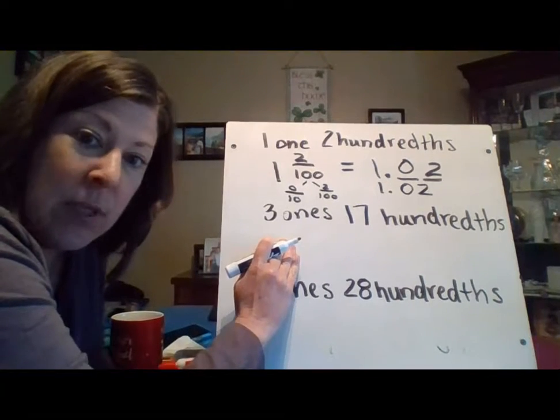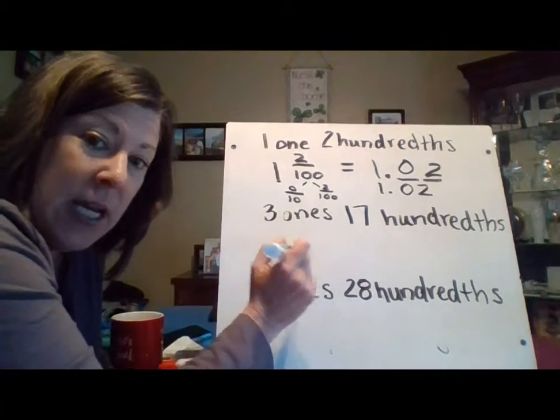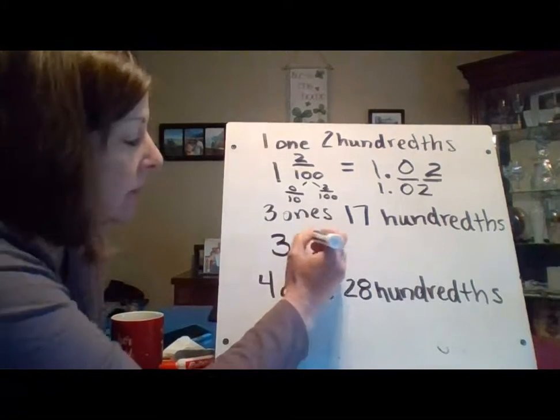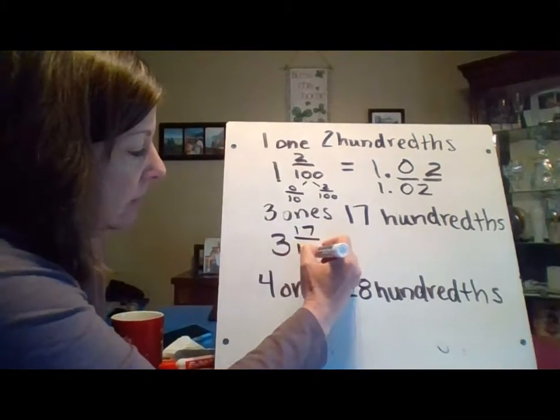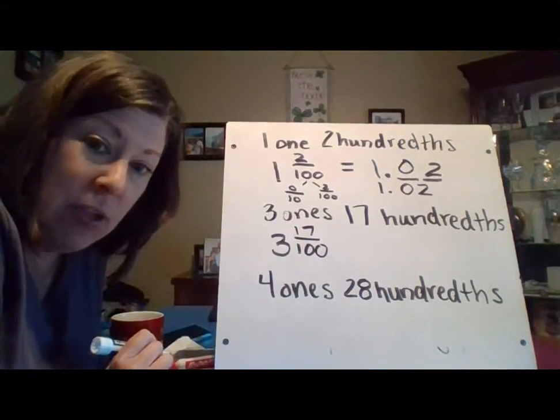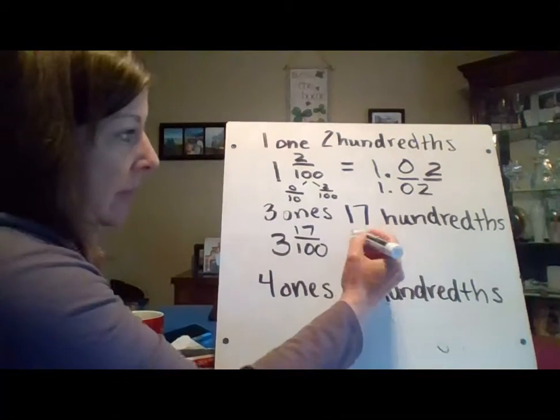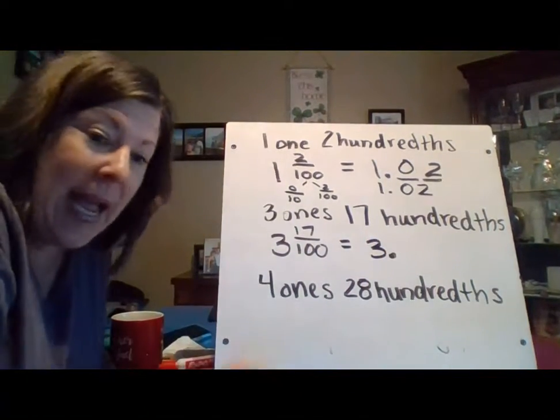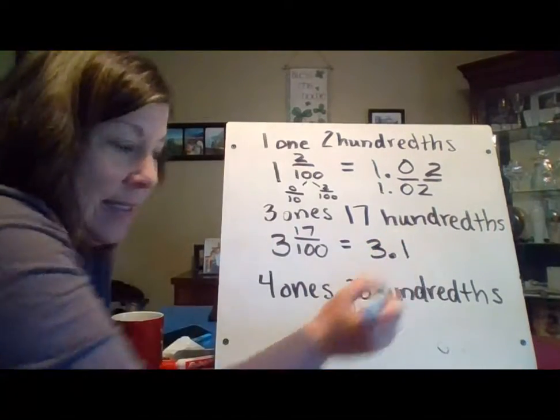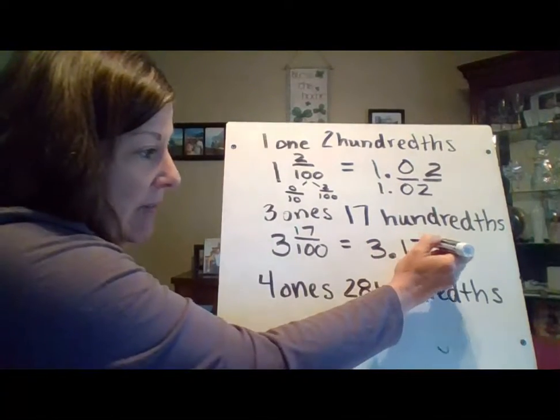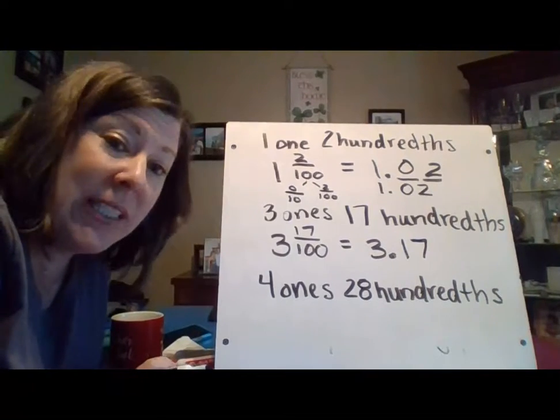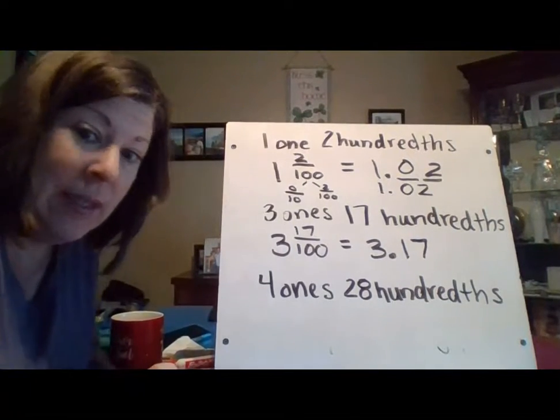Let's do another one. 3 ones and 17/100ths. 3 and 17/100ths. I have 1/10 and 7/100ths, and that gives me 3 and 17/100ths.